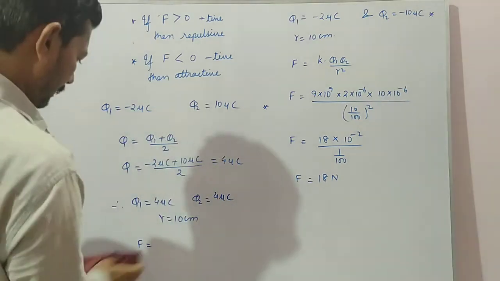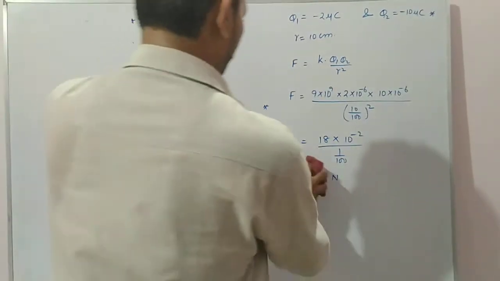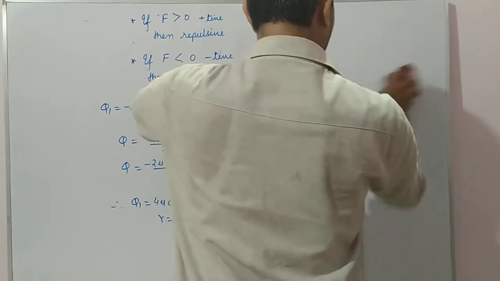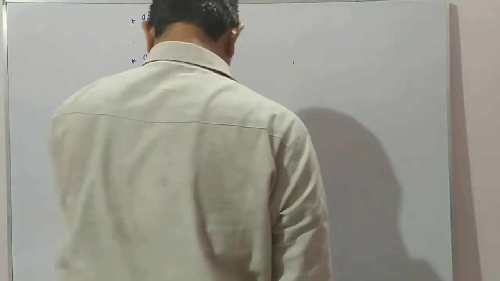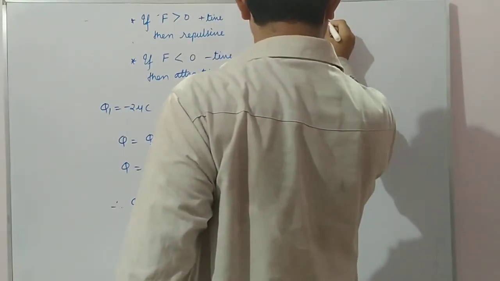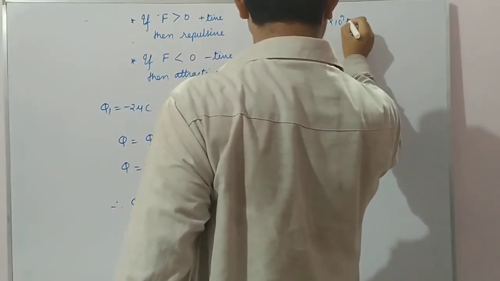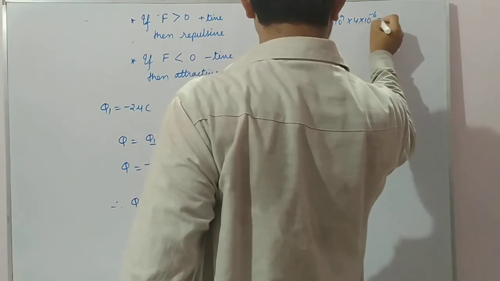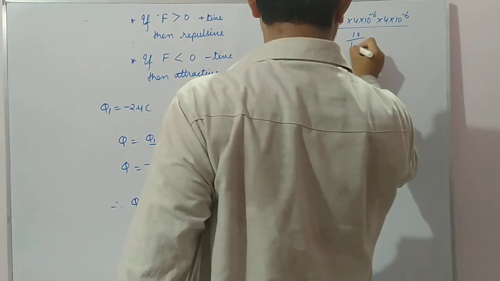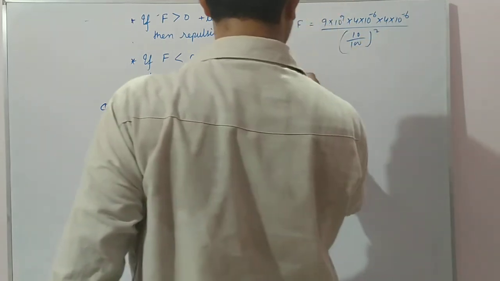So here, F equals 9 into 10 to the power 9, into 4 into 10 to the power minus 6, into 4 into 10 to the power minus 6, by (10 by 100) the whole square.